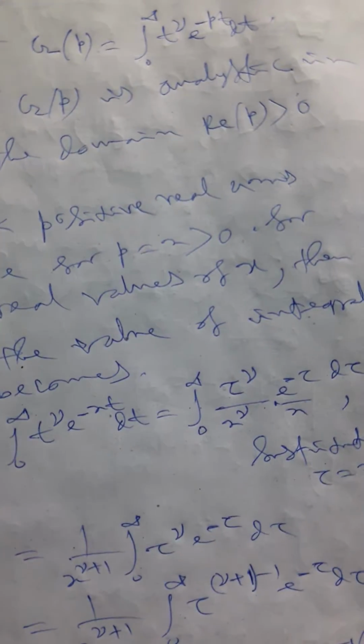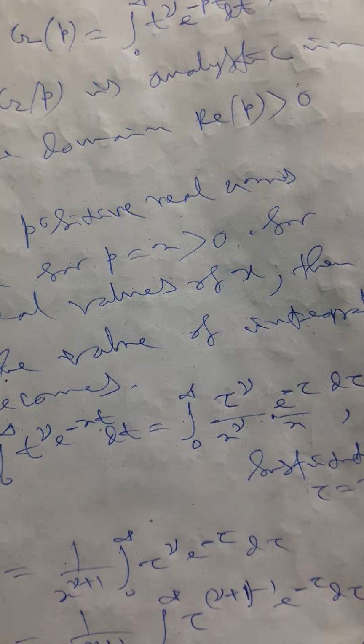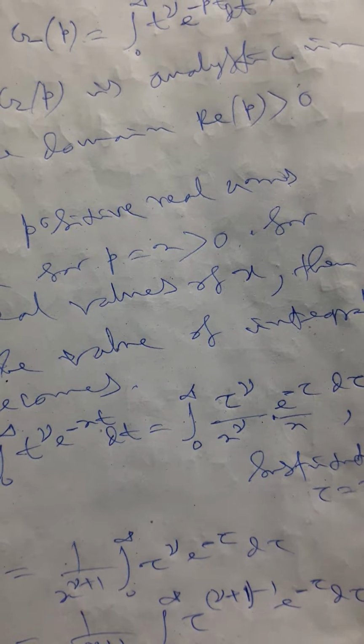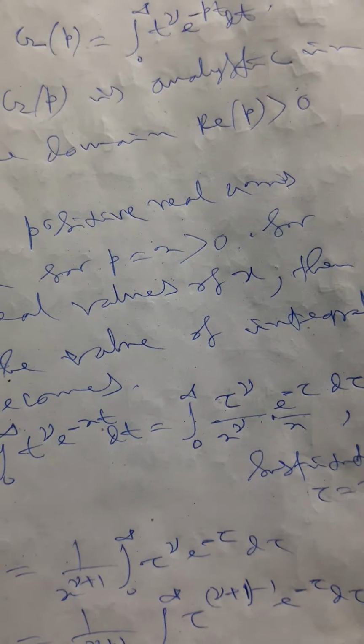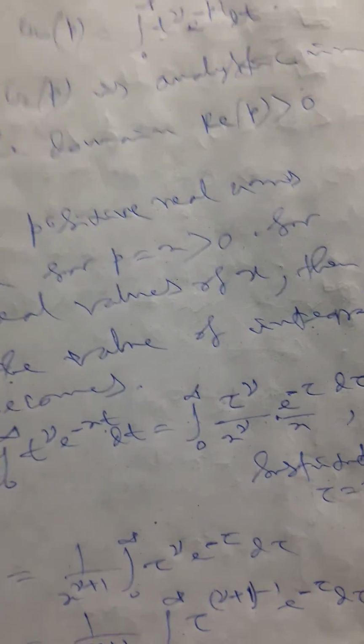A sort of correction to the earlier pages: it should be noted that on the real axis, if p equals x, and we substitute p in place of x, then G(p) will be gamma of gamma plus 1 by p to the power gamma plus 1.